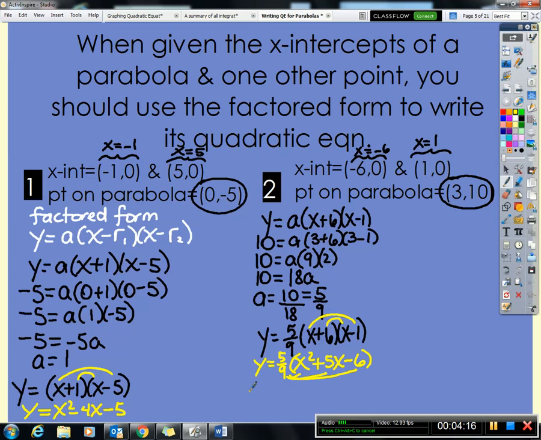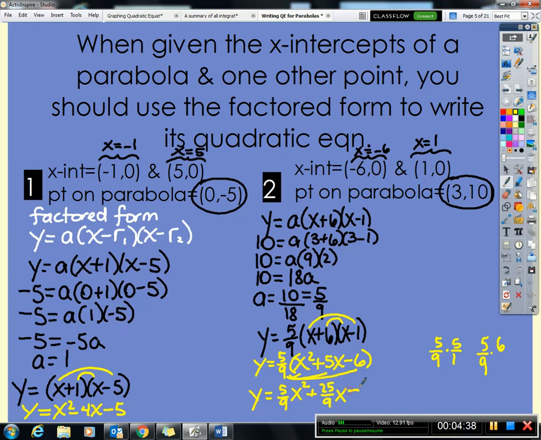So you have 5/9 x squared. Remember, guys, scratch work. 5/9 times 5 over 1 is just 25/9 x. And then scratch work. 5/9 times a negative 6 is going to be negative.